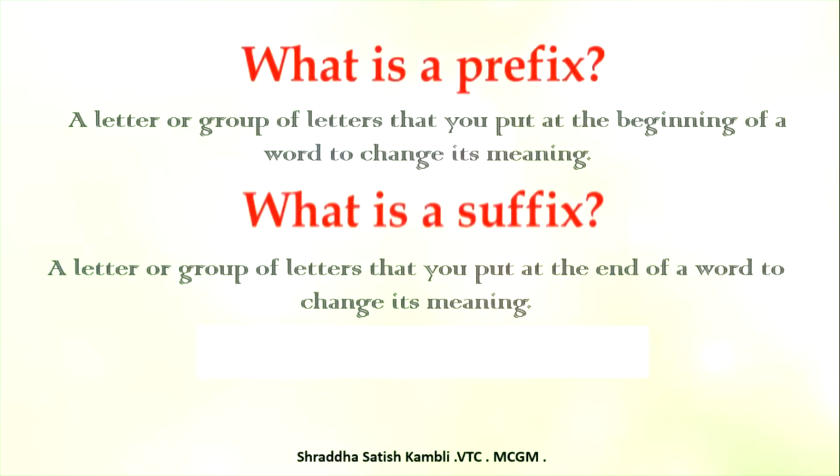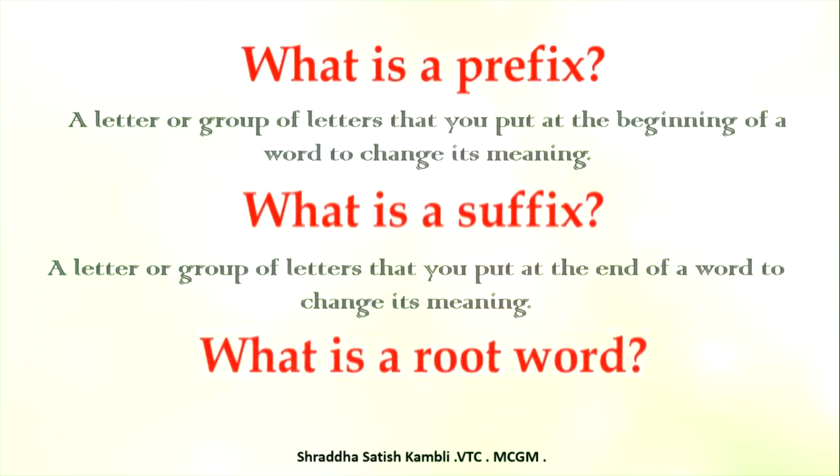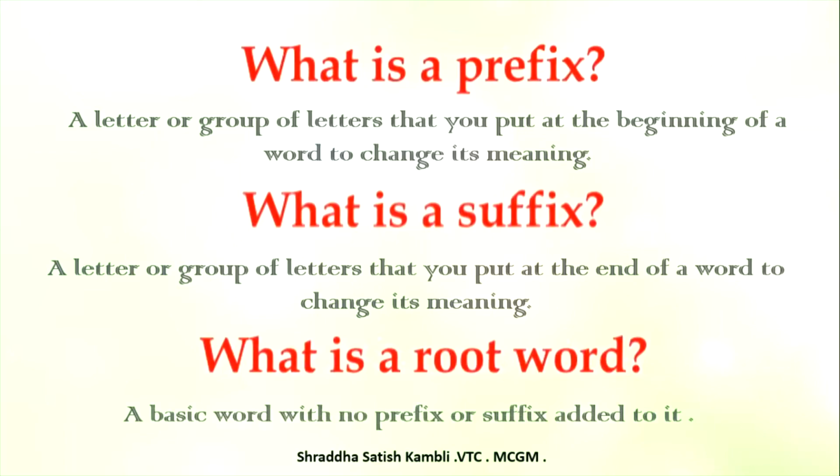Now we are saying word. So what is this word? It is a root word. The word to which you add a prefix or suffix is called a root word. So what is a root word? A root word is a basic word with no prefix or suffix added to it. So when you take up just one word which you can find in the dictionary, that is a root word.